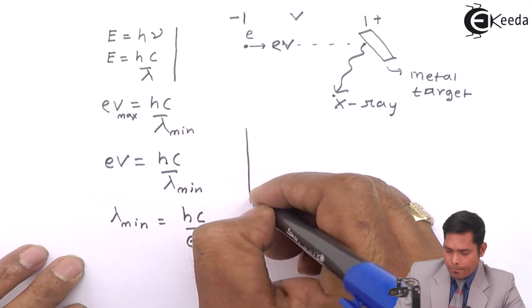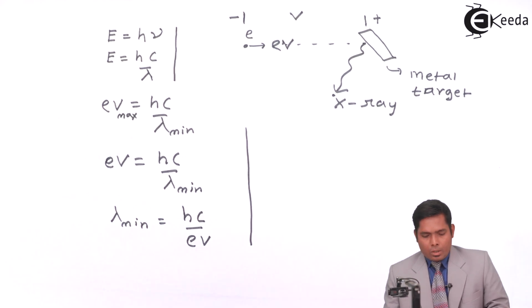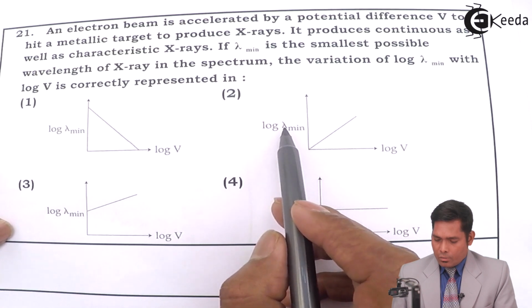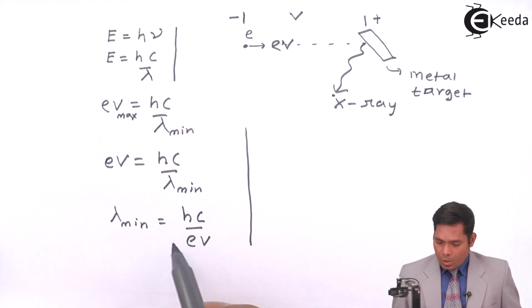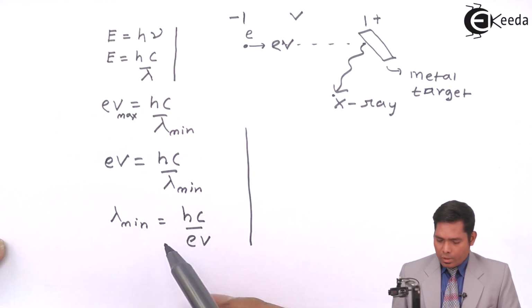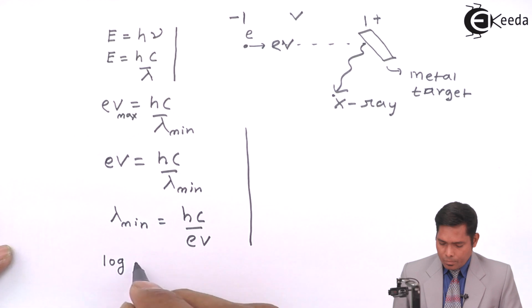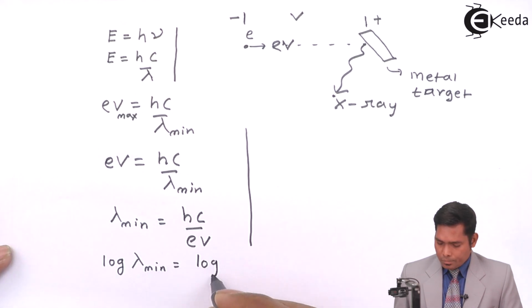Now we have to look for the relation between lambda and V. How to get the relation? Take log on both sides of the equation. Log of lambda minimum is log of hc by eV.